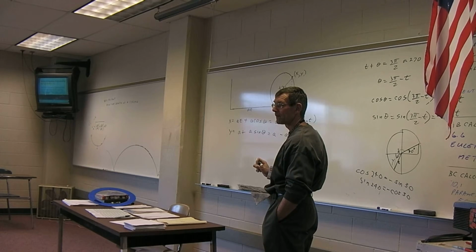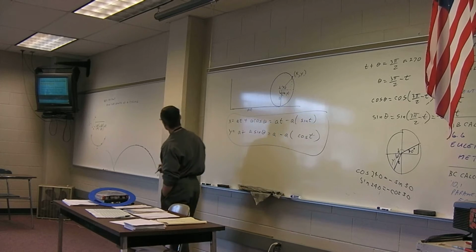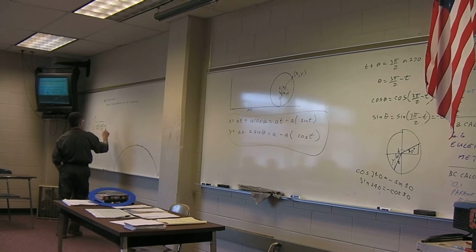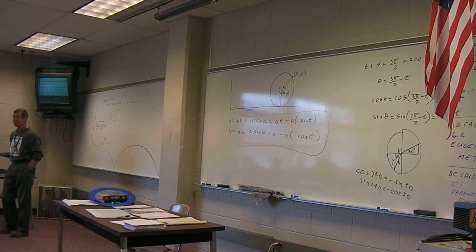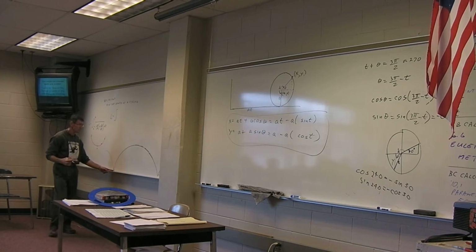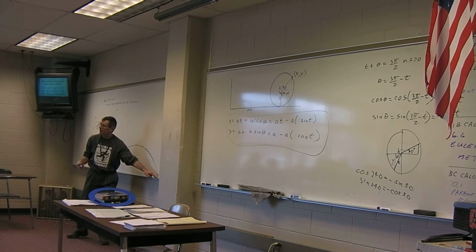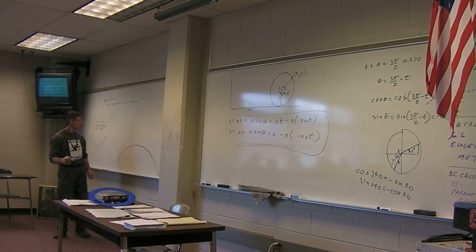Okay, so now we're ready to find the length of a cycloid. What's the length of the cycloid? It's the integral that goes from A to B. In this case, it was going to be from 0 to pi. We revolve that circle all the way around, so 0 to 2 pi.